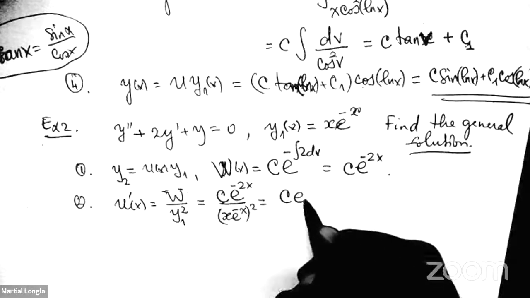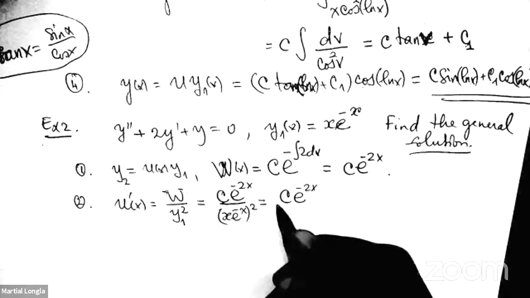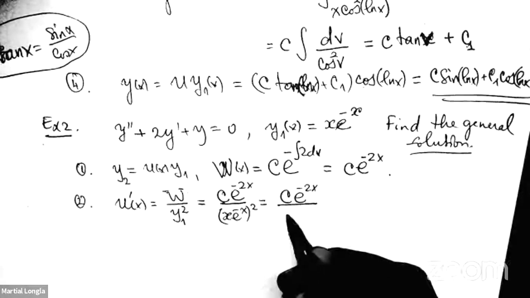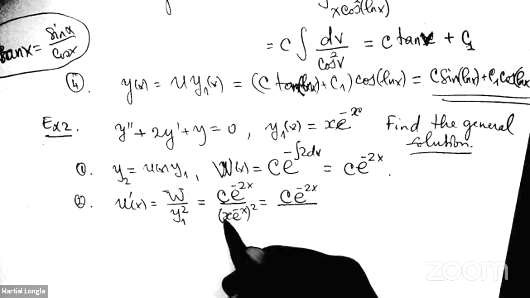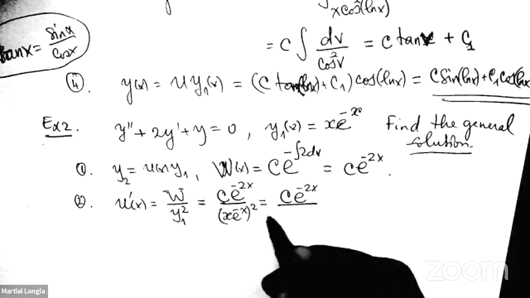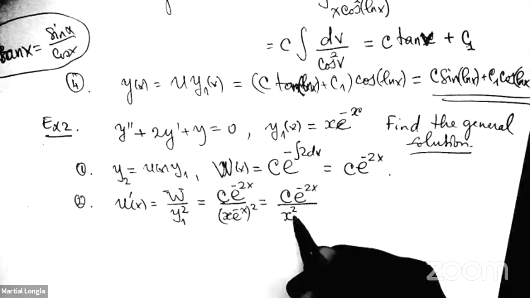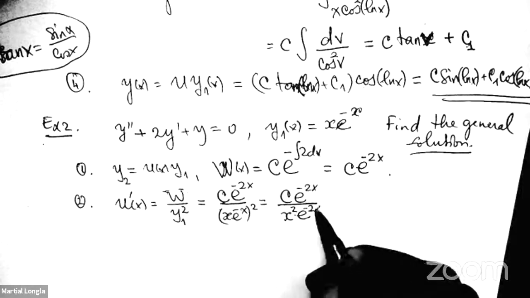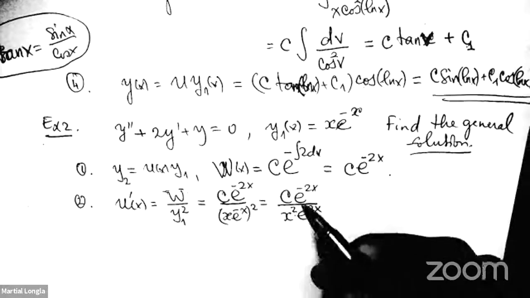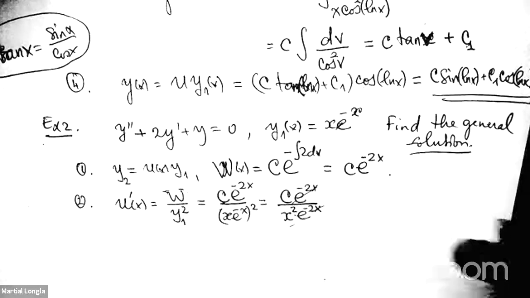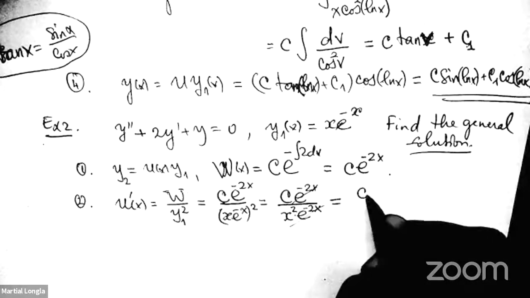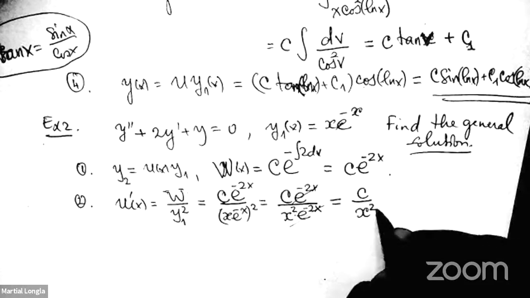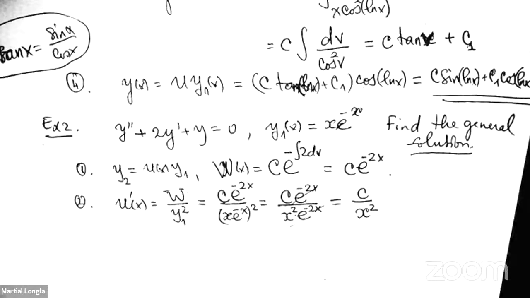That's C e to negative 2x. Often here people mess up because of the algebra. x e to negative x squared is first x squared times e to negative x squared, which is negative 2x, not x squared. And then the e to negative 2x cancel, and you have c over x squared. So that's u prime.